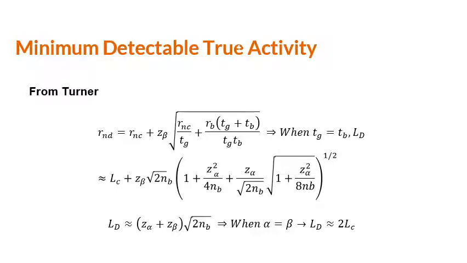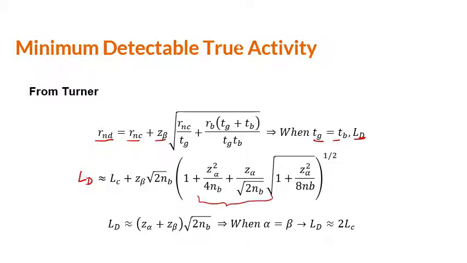This is from Turner. So your RND is equal to RNZ plus Z beta square root of your variance. Okay, and then same when TG equals TB, we have this assumption that LD, yung detected, yung may detectable counts, is approximately equal to LC times Z beta square root of 2NB times yung square root ng buong terms na ito.